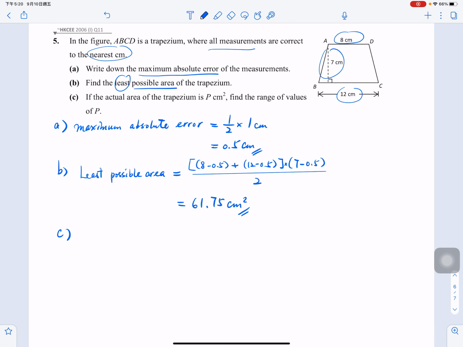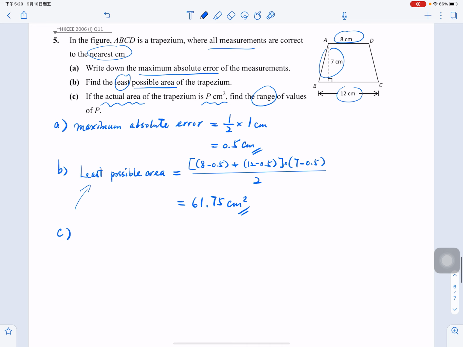How about part C? Told you that the actual area is P. Find the range of the value of P. Okay, if you want to find the range, that means just now you found the lower limit already. 呢個其實就係個 lower limit 啦。咁即係話 C part 其實揾翻個 upper limit 啫。So find the upper limit of the actual area.